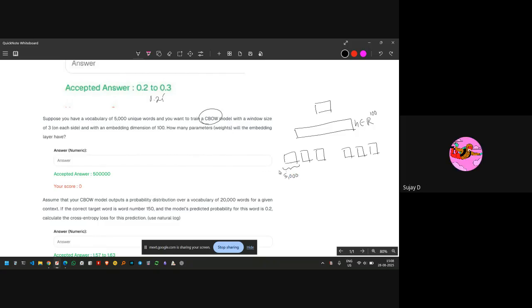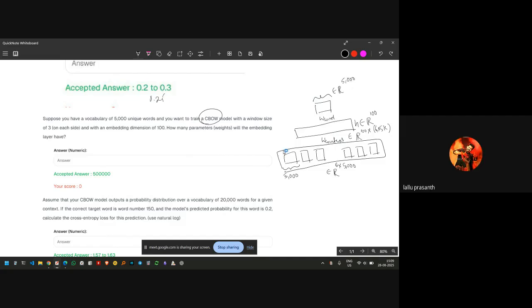So this is 5000. If we concatenate these 6 words, this belongs to R 6 into 5000, and this is W context, and this is W word. W context belongs to R 100 into 6 into 5k, and this dimension is R 5000.